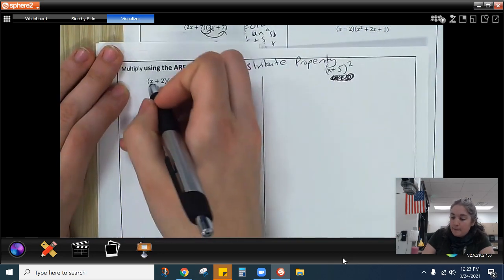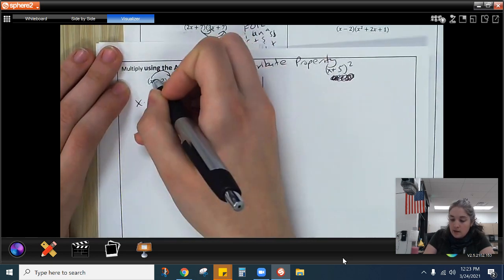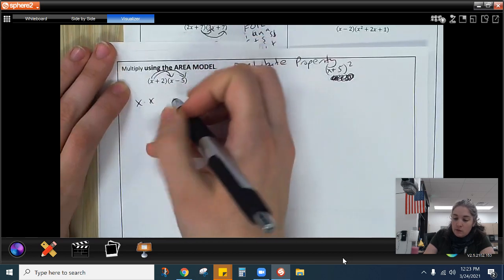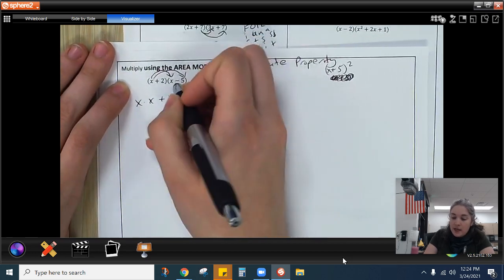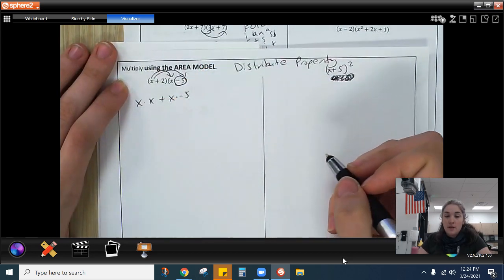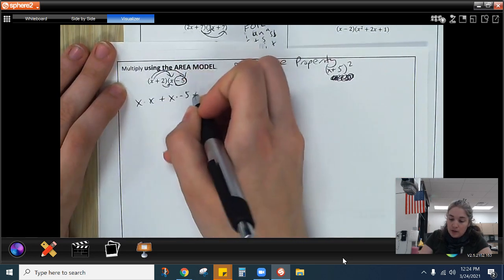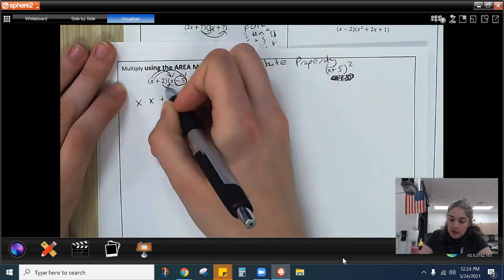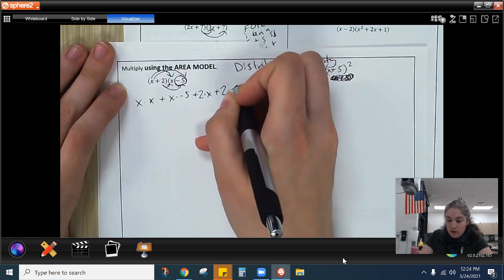So for this guy, I want to do my first ones. So that'd be x times x. My outside ones, so plus x times negative 5. You have to be careful because this is a negative 5. So don't just drop that negative sign. Keep it in there. Then I'm going to do plus 2 times x, and then we'll do our last ones of plus 2 times negative 5.